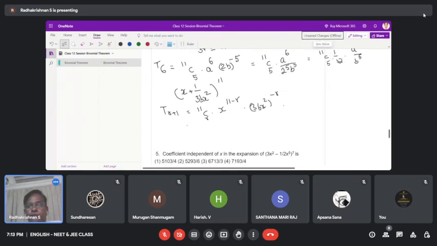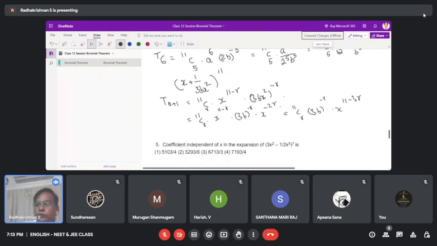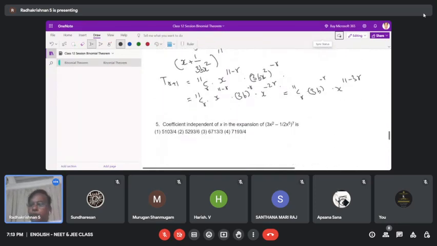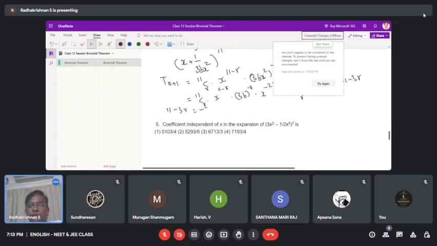Again, I separate out the terms that contain x and that do not contain x. So now here it is the coefficient of x power minus 7. So that means I put 11 minus 3r equal to minus 7 now.